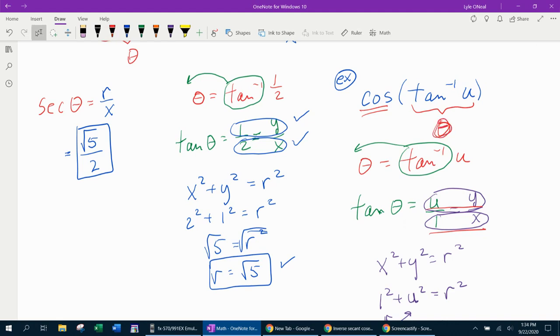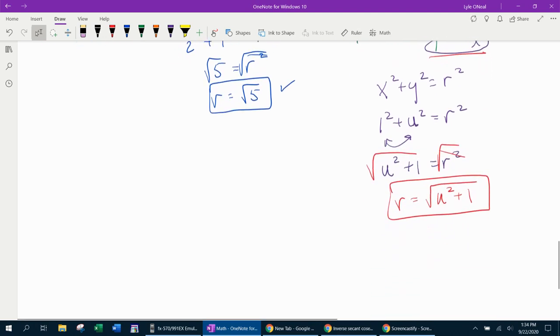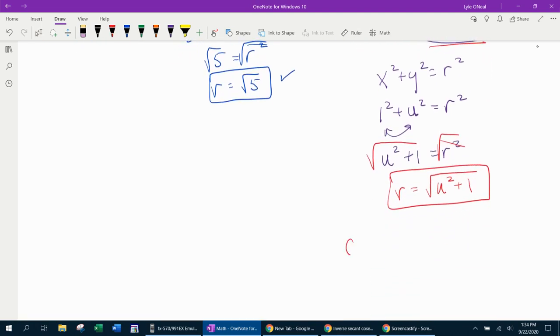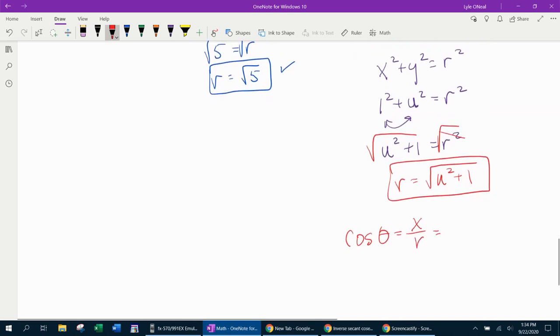So really we need the cosine of theta. So down here, the cosine of theta, remember the cosine ratio is x over r, where x was 1, and r is the square root of u squared plus 1. Okay, so far so good.